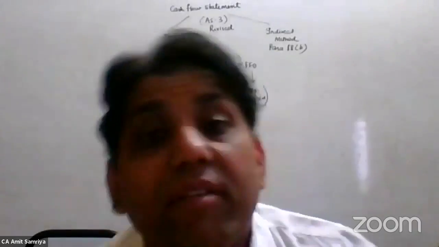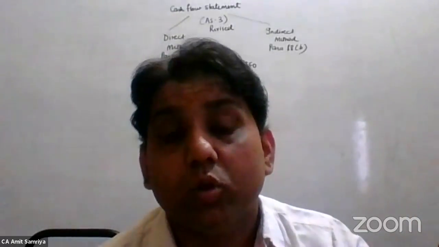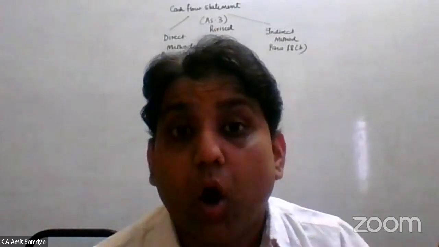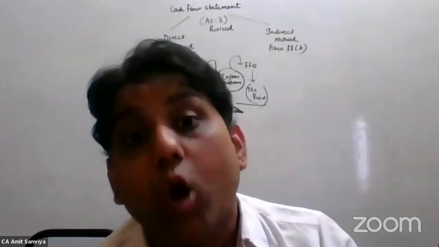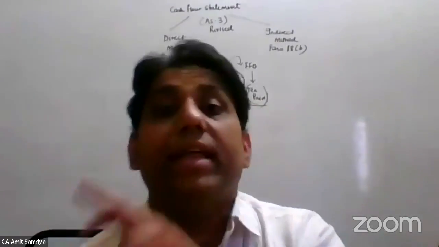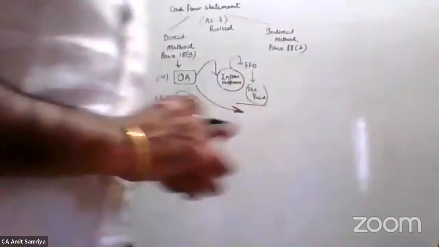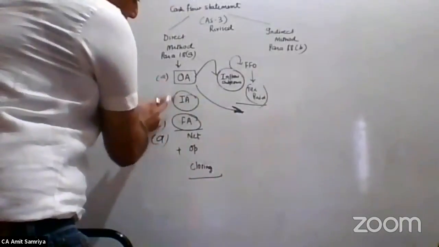Non-cash items never come in cash flow statement because it's a cash flow statement. So all items should be cash, and cash may be from ordinary, extraordinary, operating, non-operating, investing or financing.